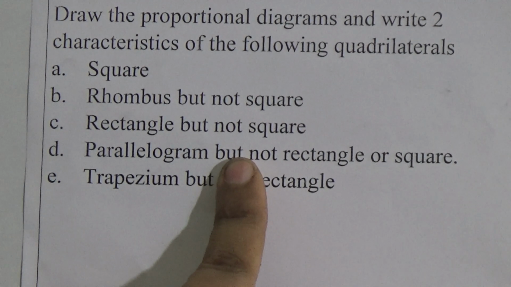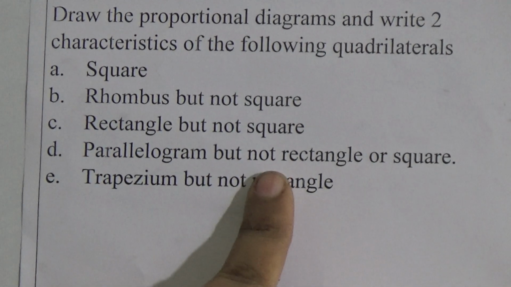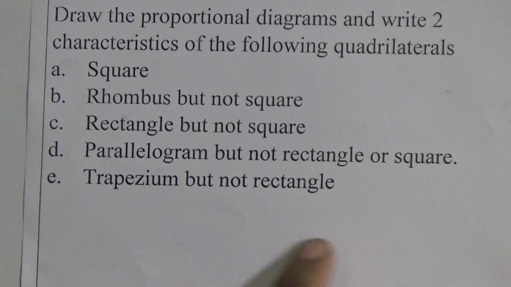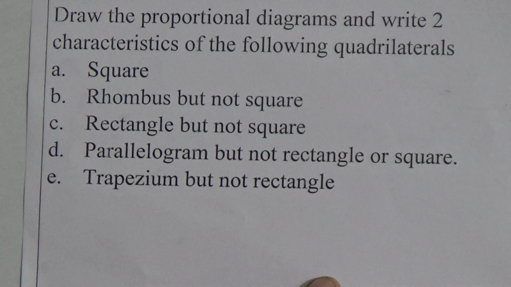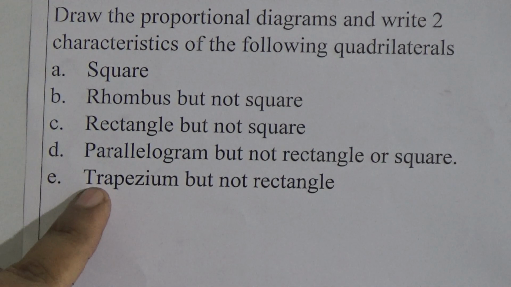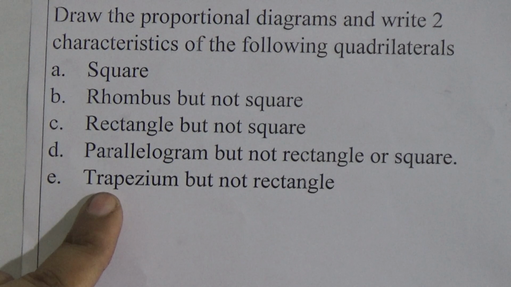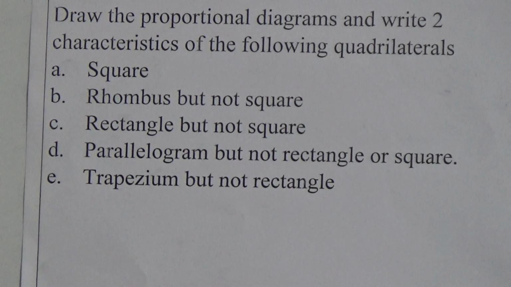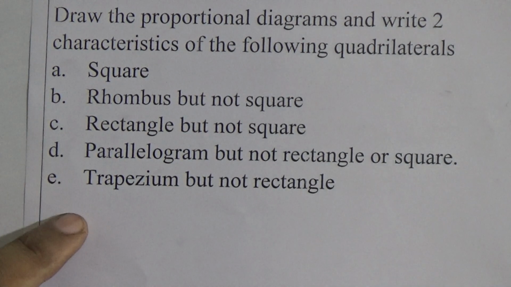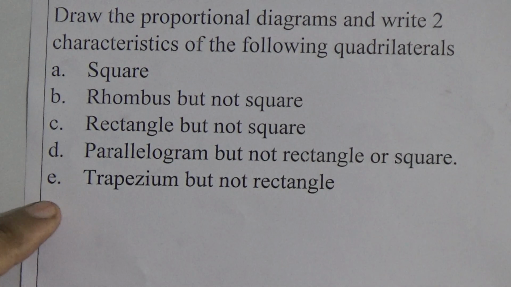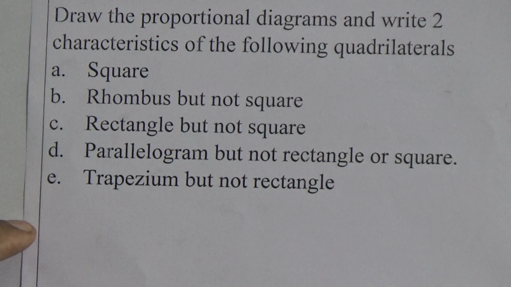No angle is a right angle. All angles make 360 degree. The diagonals bisect each other. Trapezium, no angle is a right angle. It has 4 sides. They are not equal to each other. They are different in size. Number B, it has 2 diagonals which bisect each other. It has a set of parallel sides, but not equal.